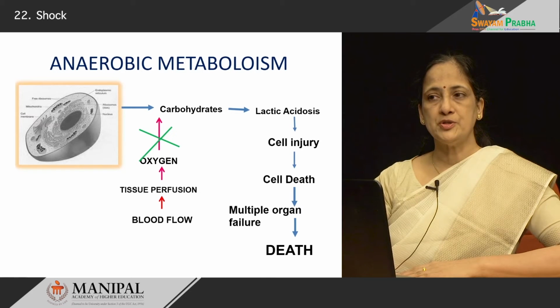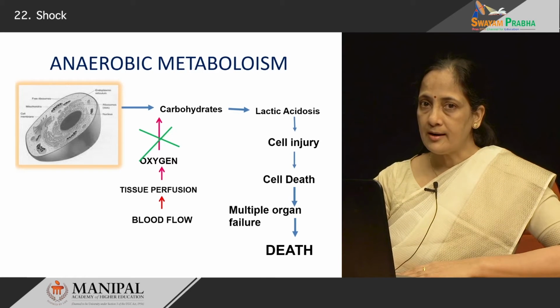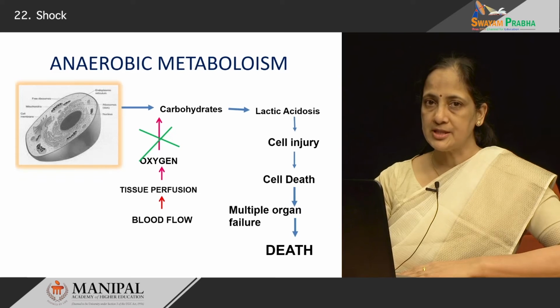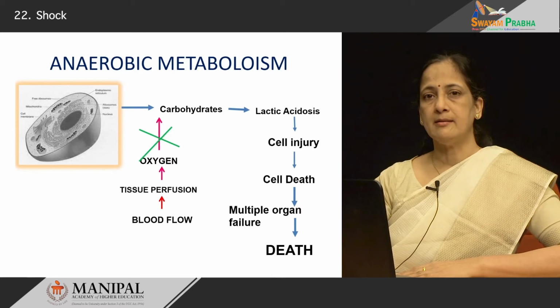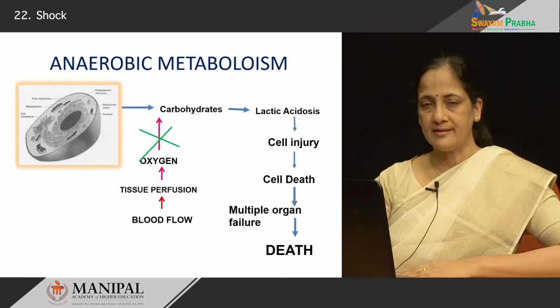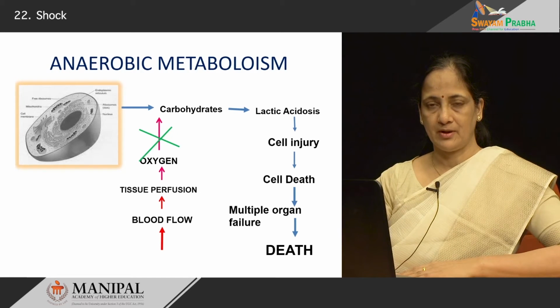Therefore, there is going to be involvement of a large number of organs, tissues and cells, and with these organs being affected, it will result in multi-organ failure and finally be fatal to that patient.